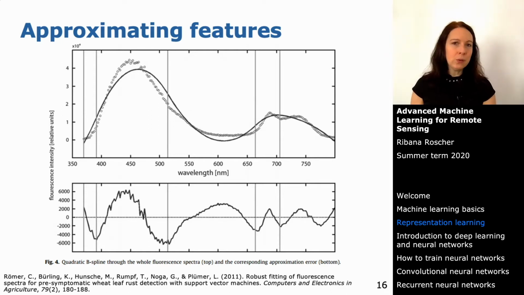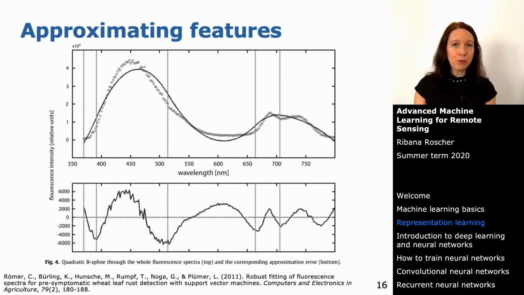And what you do is you approximate this signal with a polynomial regression. And then you take the values of the parameters which define the polynomial regression model, and this is your new data representation. And of course, you do not need so many parameters for this regression model. You will end up with a much more compact representation of your data, but still it describes your data.